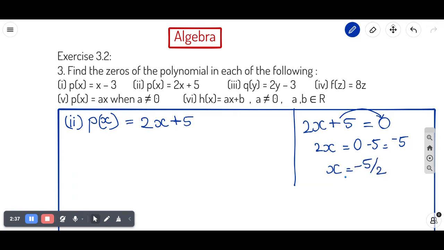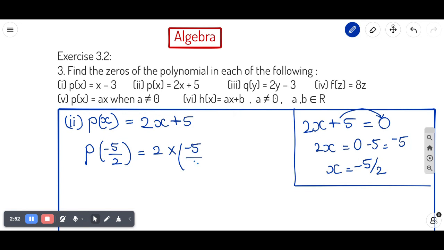So this will be your 0 of the polynomial for sure. Let us try that. p of minus 5 by 2 is equal to 2 into minus 5 by 2, plus 5. I have put minus 5 by 2 for x.